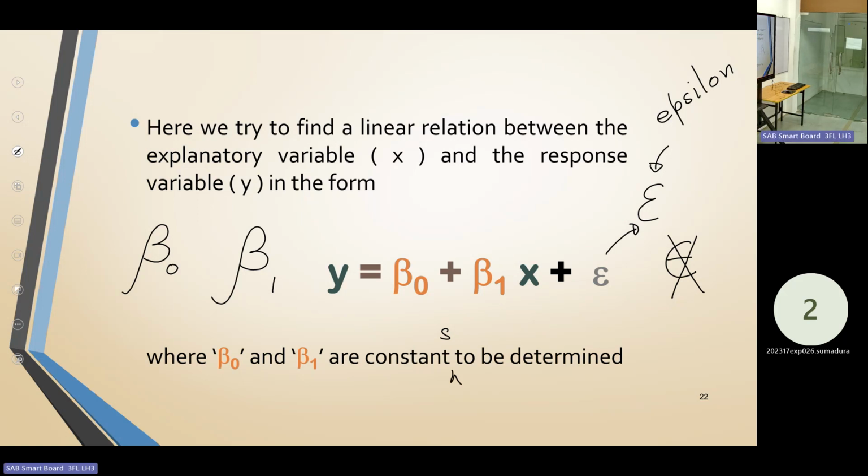We will be given a data set. Using that data set, we need to get this beta naught and beta 1. For that, we need a formula, so we'll see how the formula is developed. Here we have y equals beta naught plus beta 1 x plus epsilon. Forget about that epsilon part.